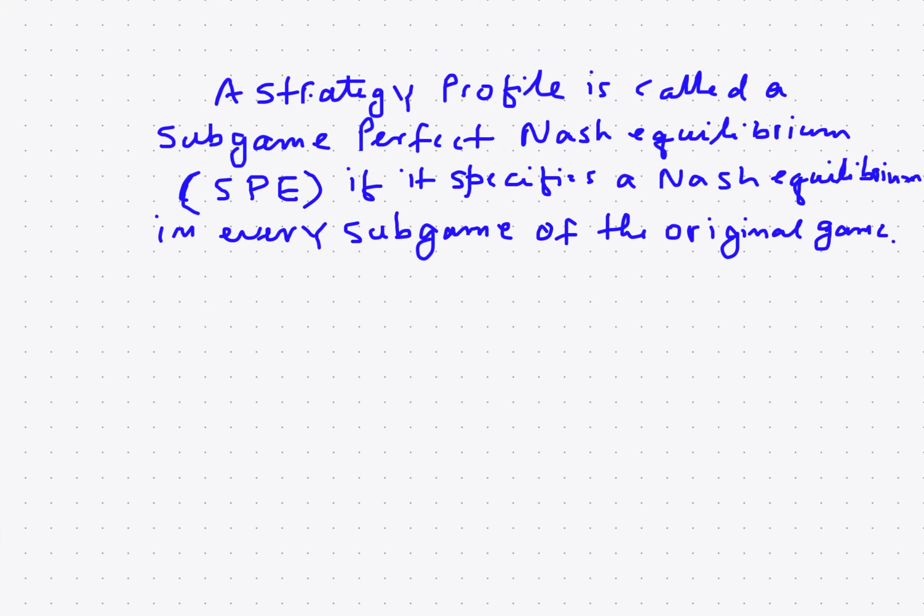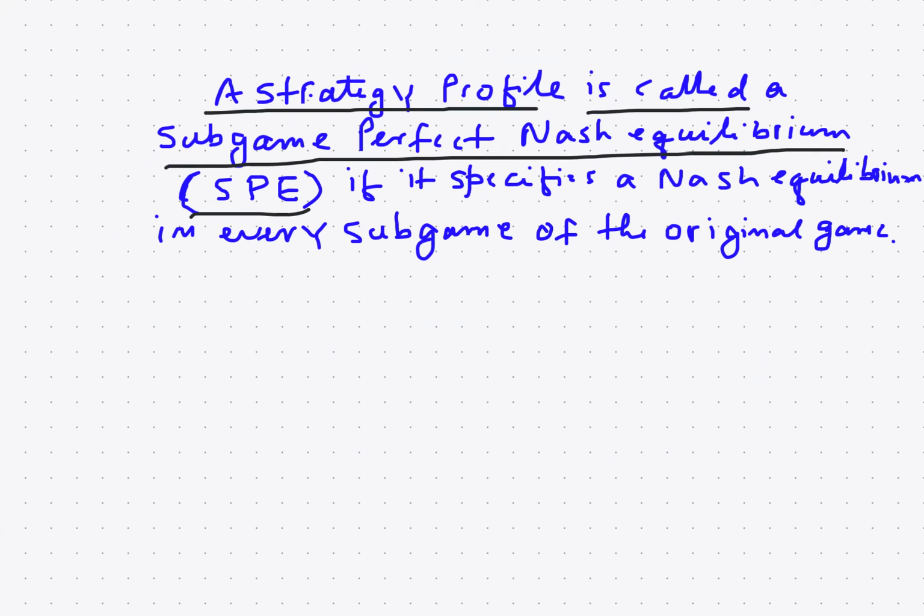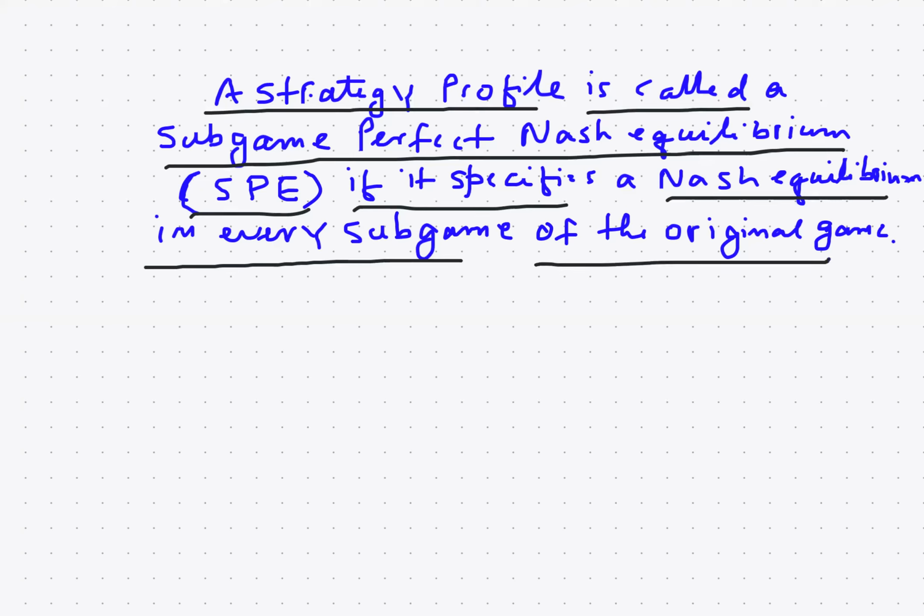A strategy profile is called a subgame perfect Nash equilibrium if it specifies a Nash equilibrium in every subgame of the original game. The basic idea behind subgame perfection is that a solution concept should be consistent with its own application from anywhere in the game where it can be applied.